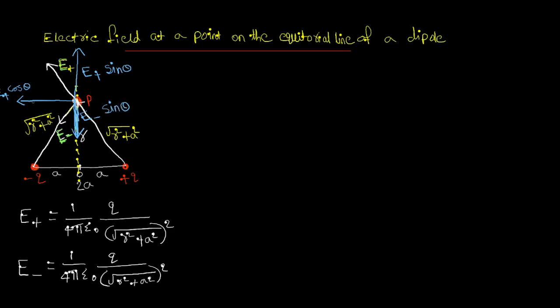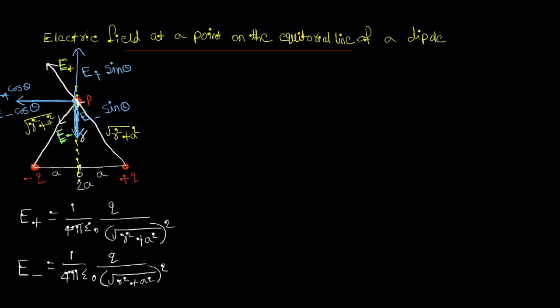The horizontal component of E negative is in this direction, and is E negative cos theta. These are the vertical and horizontal components of E positive and E negative.